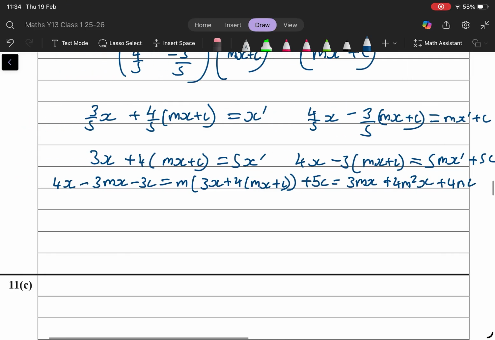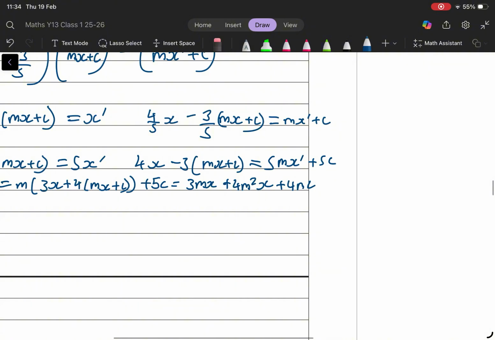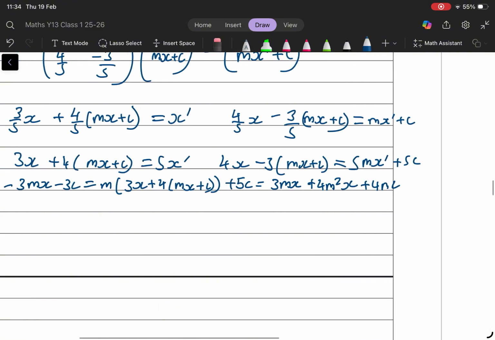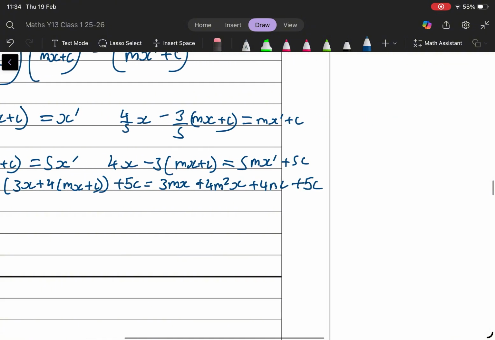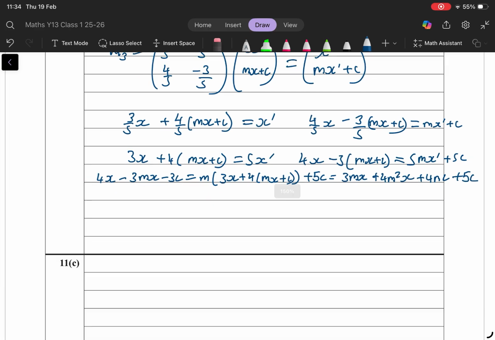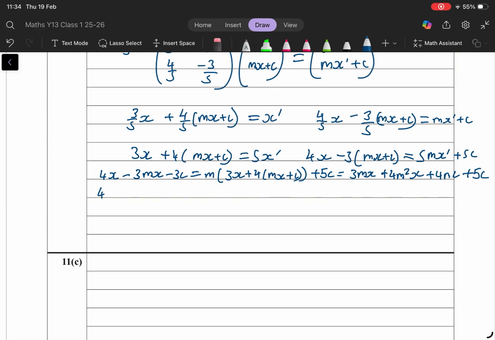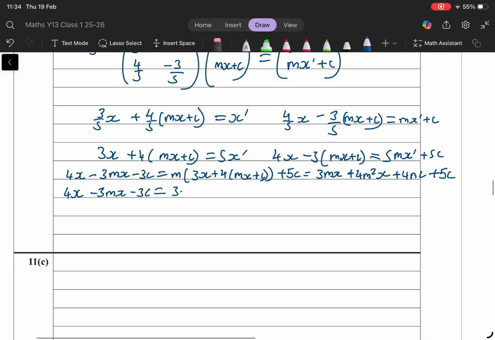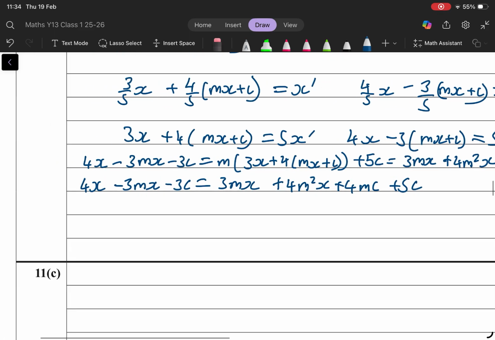And then I forgot my plus 5c, plus 5c. So let me just write this all. 4x minus 3mx minus 3c equals 3mx plus 4m squared x plus 4mc plus 5c.